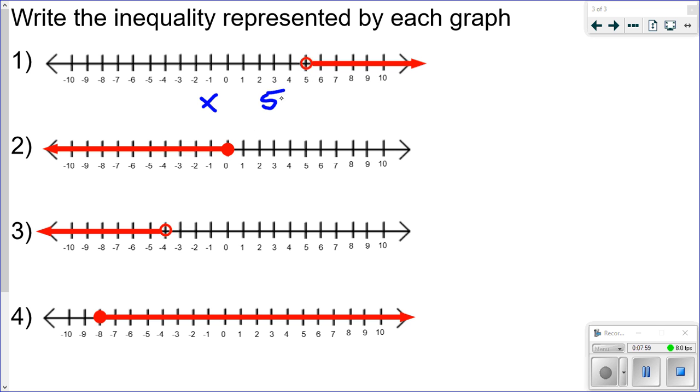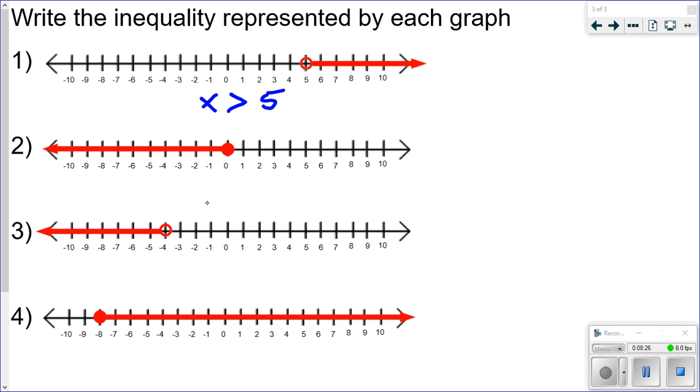And it's an open circle, so I know there's not going to be a line underneath it. It's not an or equal to. So now I just have to decide, is x greater than 5 or less than 5? If I put x on the left, then I can use the arrow trick. So it's shaded to the right, so my arrow should point to the right. Or in other words, x is greater than 5, where the values that are greater than 5 are to the right.